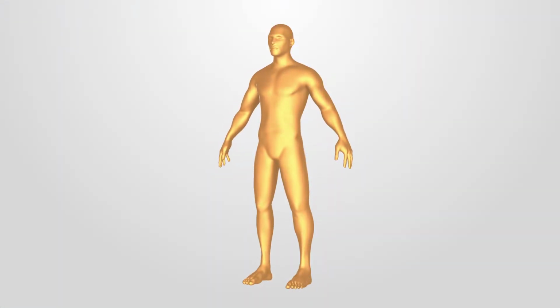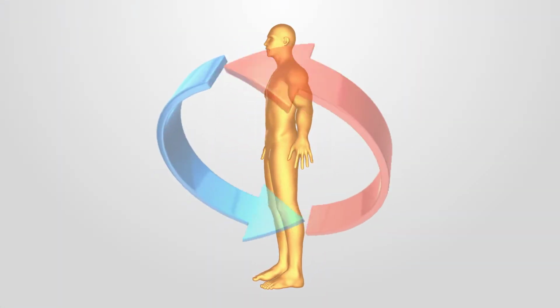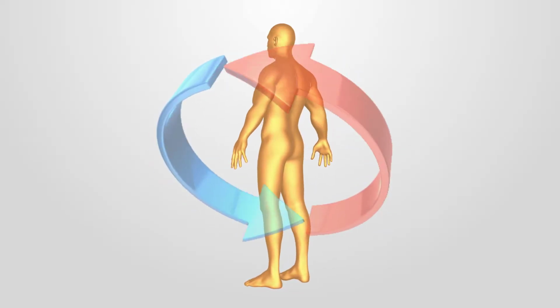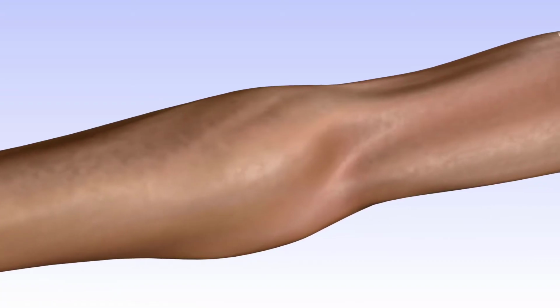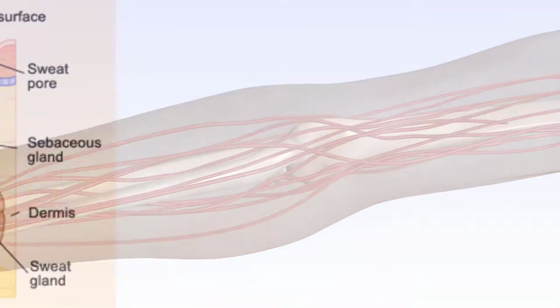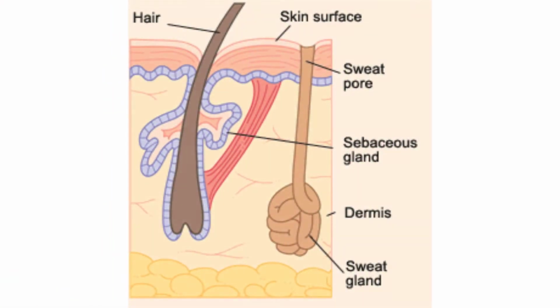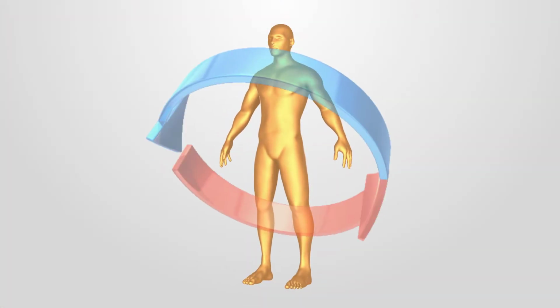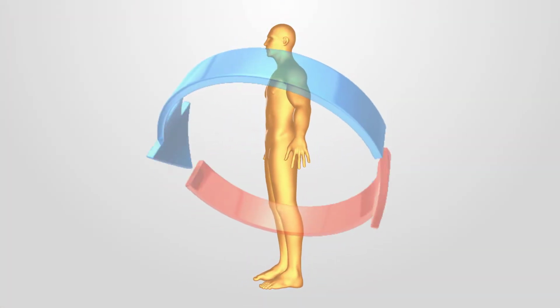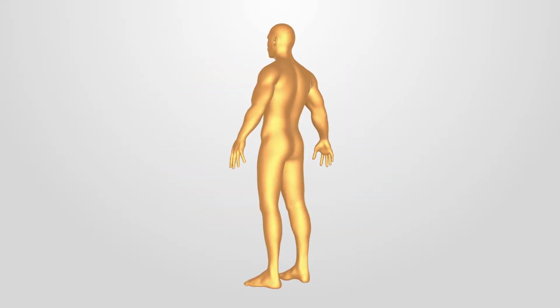This cooling effect happens as warm blood from the body's core flows to the blood vessels lying just beneath the skin, where heat is then transferred to the environment. At the same time, sweat glands release warm water in sweat. As this water evaporates into the air, it carries away heat. Then, the cooler blood from the periphery circulates back to the body's core.